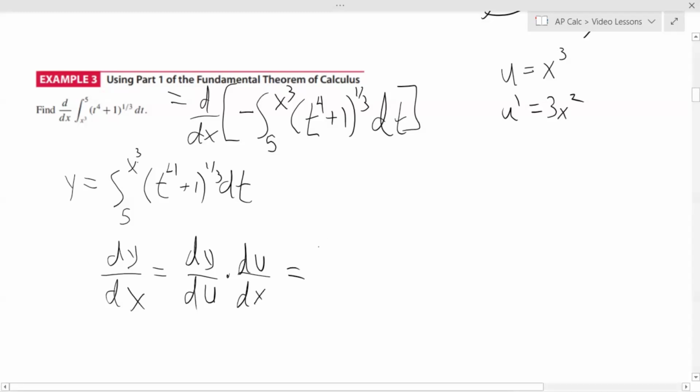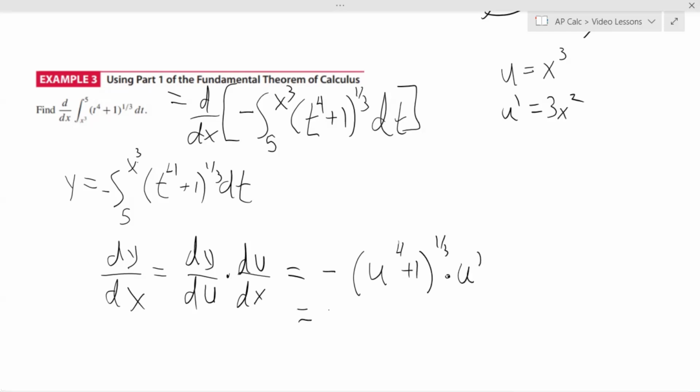Okay, so we need the negative here. So by the chain rule, we're going to have the opposite of (u to the fourth plus 1) to the 1/3 times u prime, essentially. And then we could plug in the u and the u prime.